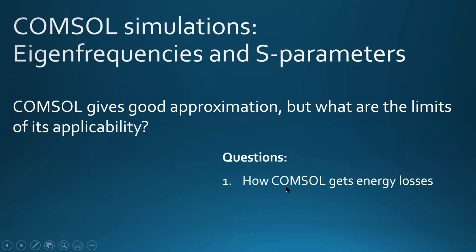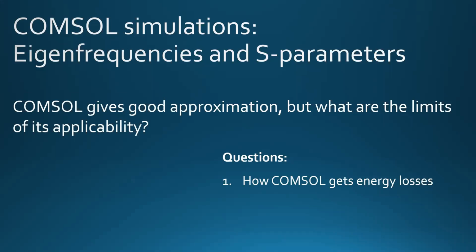Because for example, in COMSOL, if you sum up the S21 modulus squared with the S11 modulus squared, you don't have 1 near the resonances. It's always much lower than 1. So there are some energy losses which are not caused by the structure as you designed it in COMSOL.